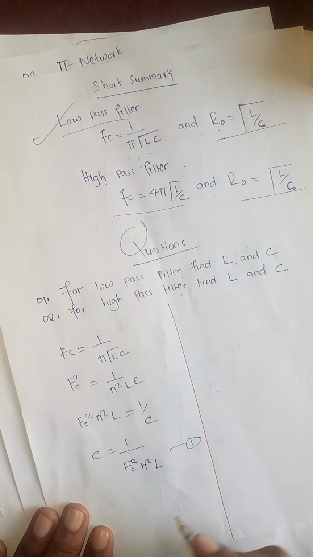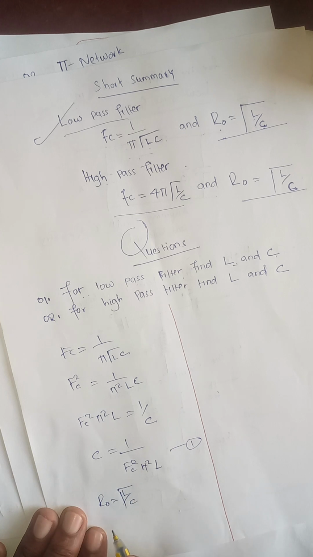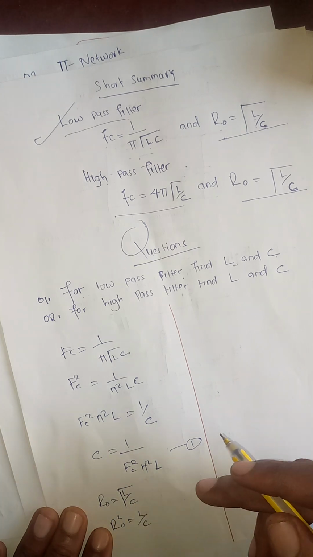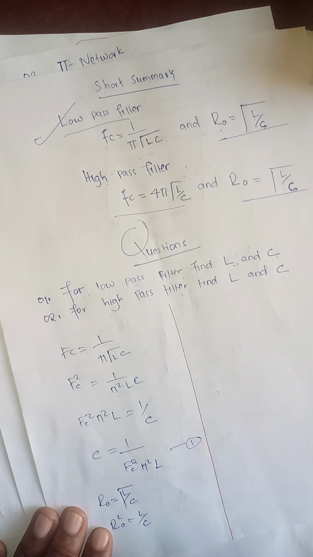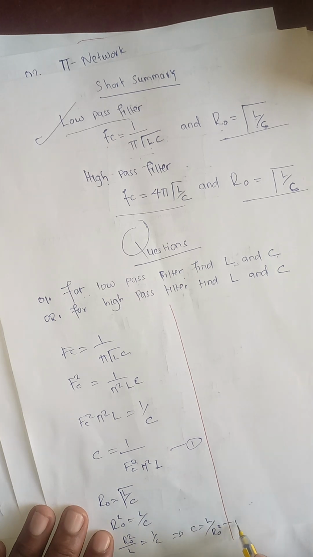If you refer here, R nominal impedance is equal to the square root of L over C. Just make R square equal to L over C. So also you can make C the subject and substitute here to obtain L. So it is R naught square over L is equal to 1 over C. Reciprocate, so C is equal to L over R square. Now this is equation 3.